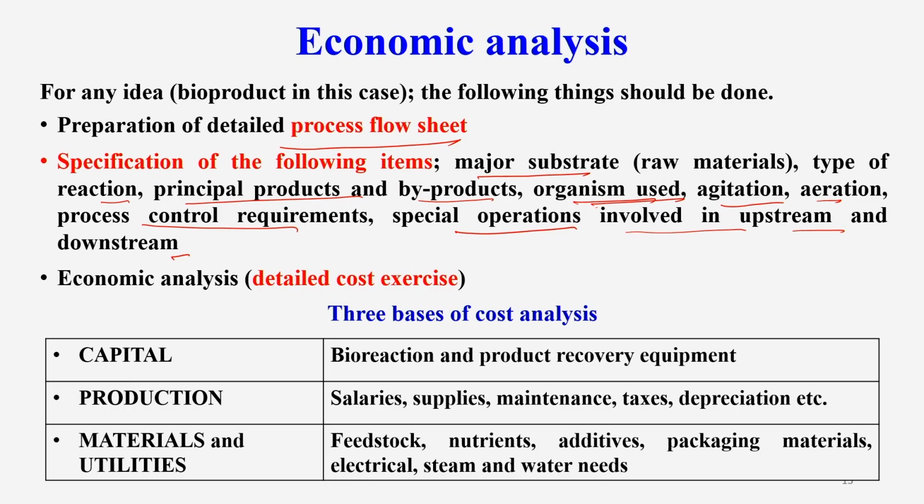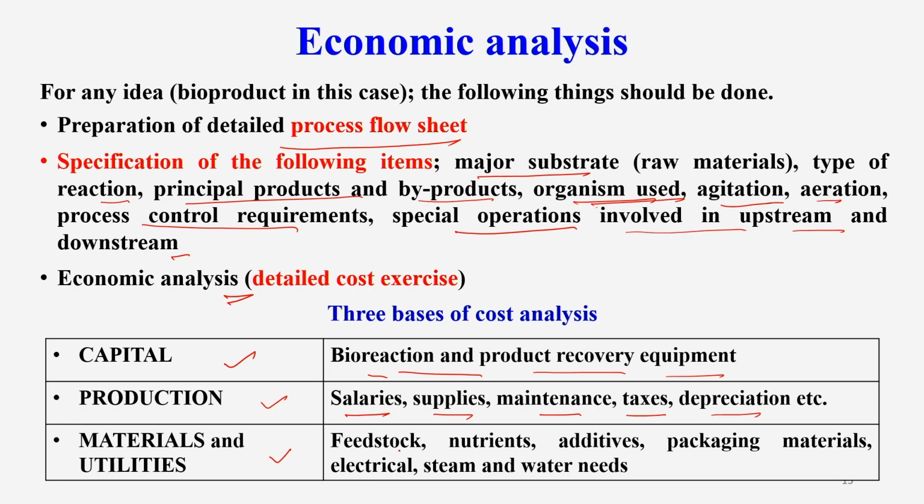So, there are three components for the cost analysis. One is capital, production cost, and materials and utility cost. Capital cost includes the bioreaction and product recovery equipment. Production cost may be salary, supplies, maintenance, taxes and depreciation.